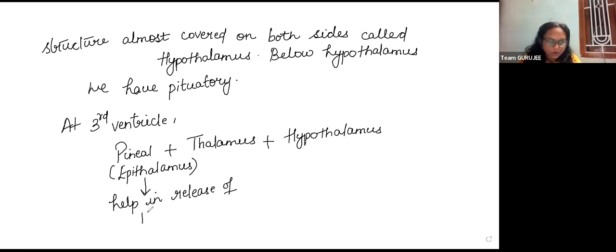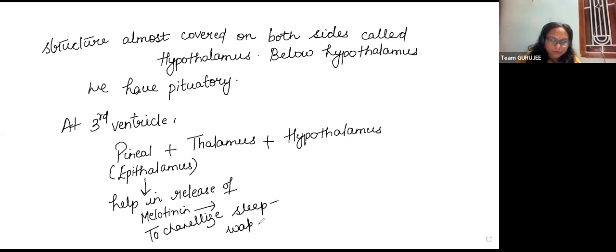There is a hormone called melatonin, and melatonin helps to channelize our sleep and wake up cycle.